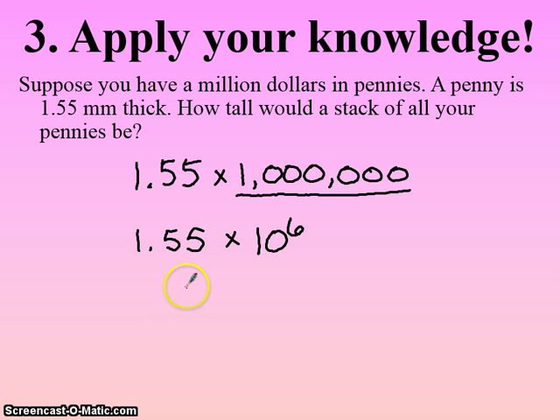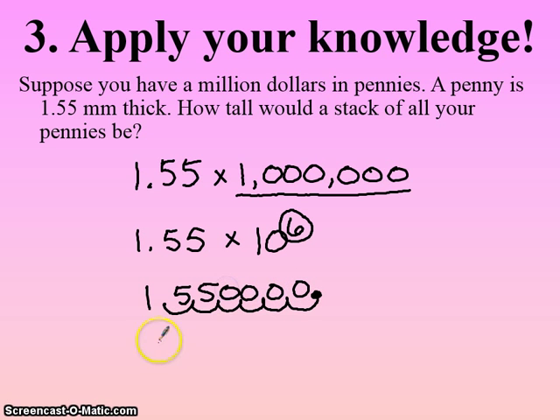Now, if we wanted to express that in standard notation, we could take the 1.55 and move the decimal point 6 place values larger. So 1, 2, 3, 4, 5, 6. So we get 1,550,000 millimeters tall. That's very tall.